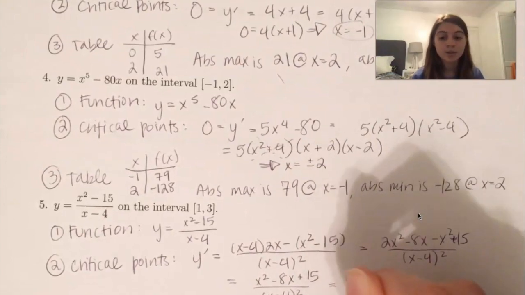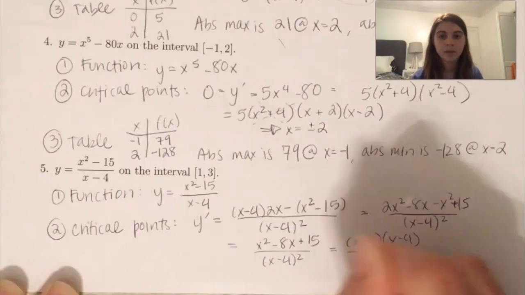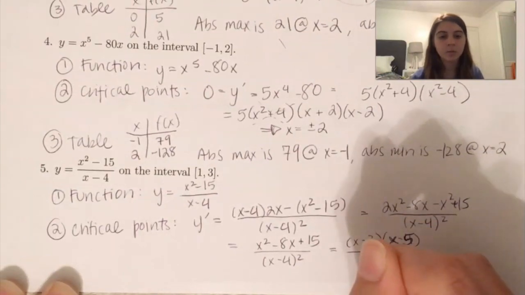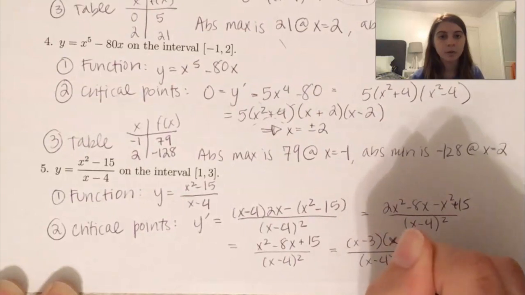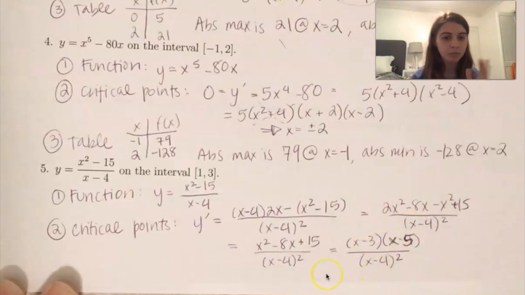What's interesting about this one is when it's a fraction, remember that for critical points, we are looking for where the derivative equals 0, but also where the derivative doesn't exist. And so that means we're going to set both the numerator and the denominator equal to 0, because if either of these equals 0, it matters.